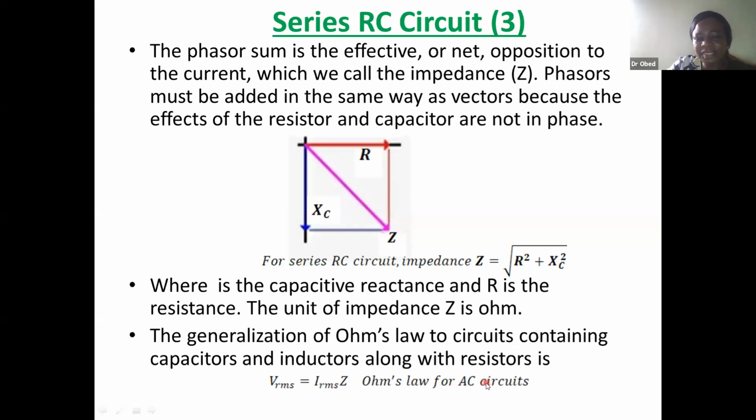This is another equation you might be needing when you have to calculate a particular voltage, current, or impedance. This is the generalized Ohm's law.